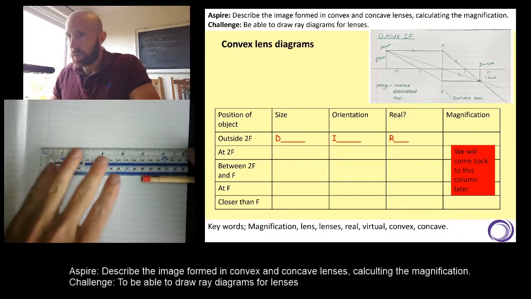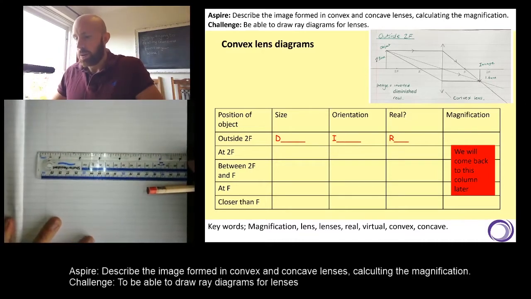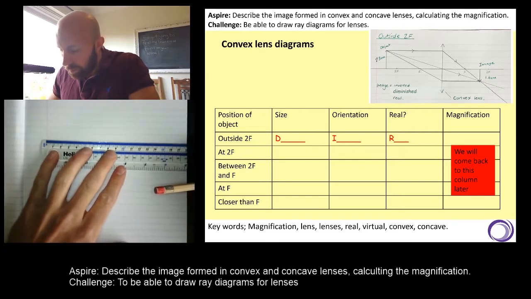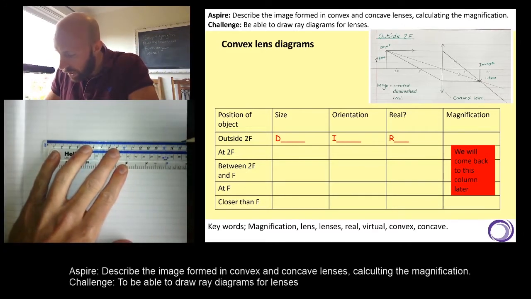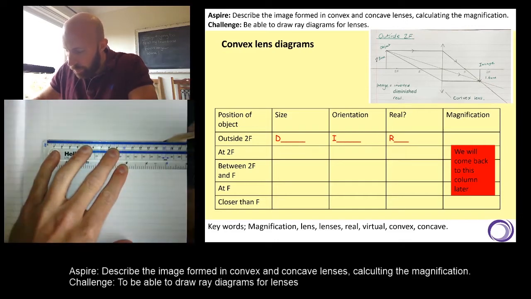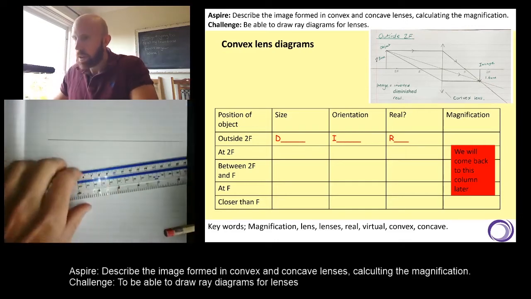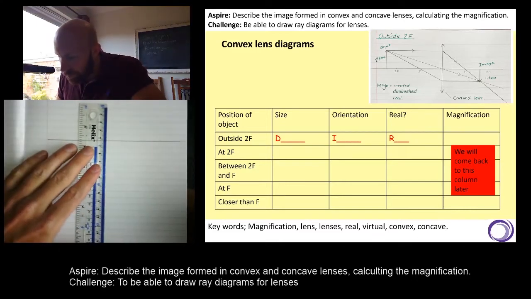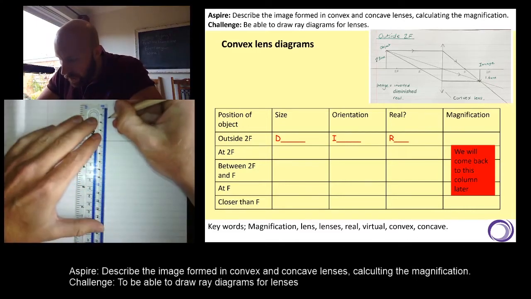So first off, we're going to draw our principal axis. So our principal axis, remember, is just a straight line. We're going to put our lens in the middle. And we'll do 3 above, 3 below.